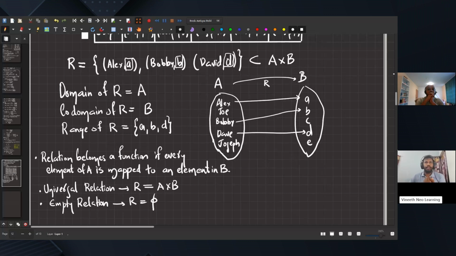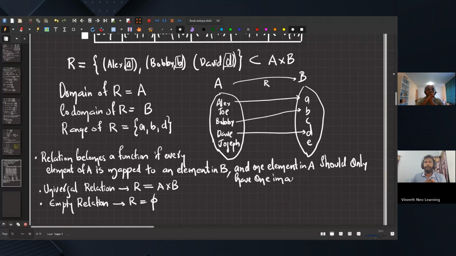Let me write that. I forgot about that. In B, one element in A should only have one image in B. We should also add that to our definition of a function.